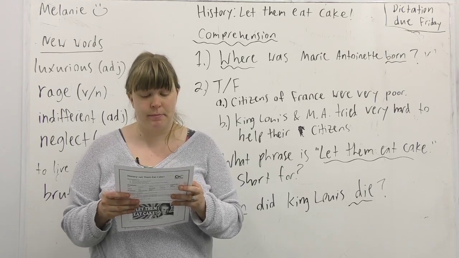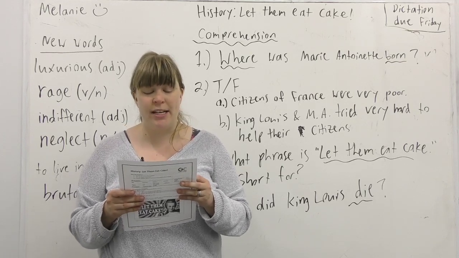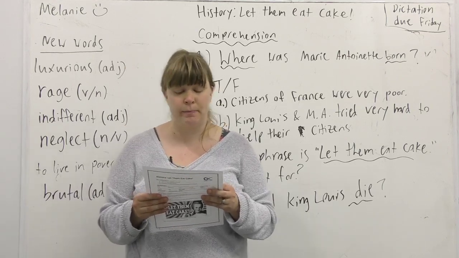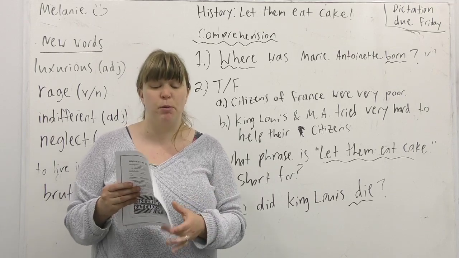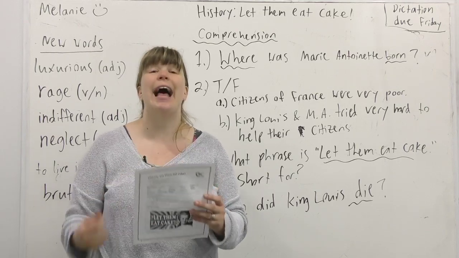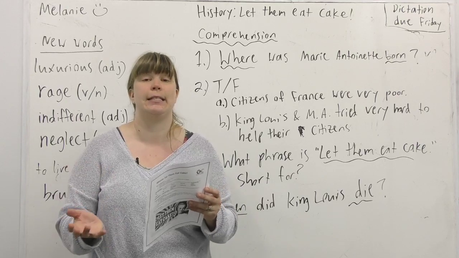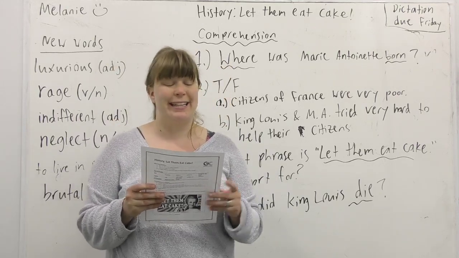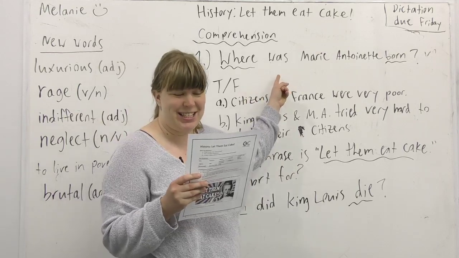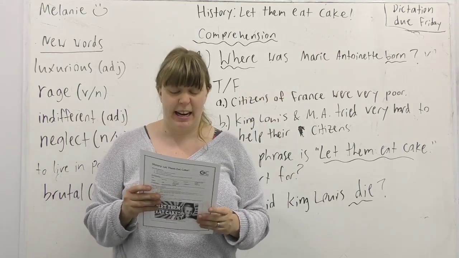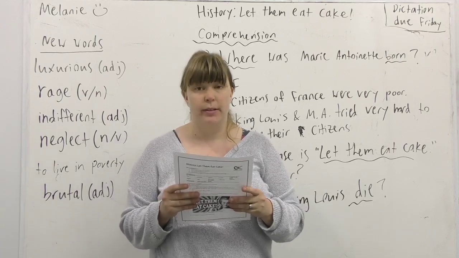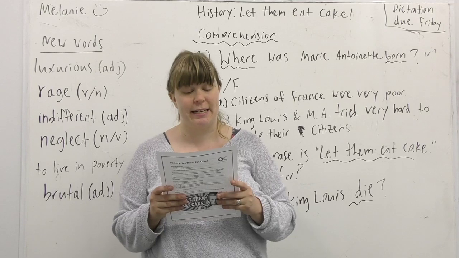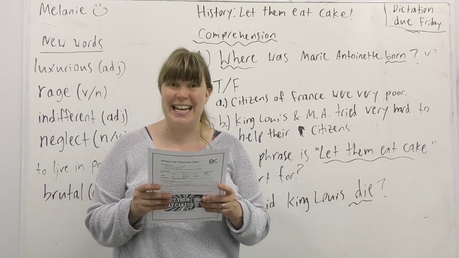Imagine this scene. A woman in gray, dirty clothes sitting alone in a prison cell. This woman is Marie Antoinette, the last queen of France. Marie Antoinette was born into a royal family in Austria. She married her husband in May 1770 at the age of 14.